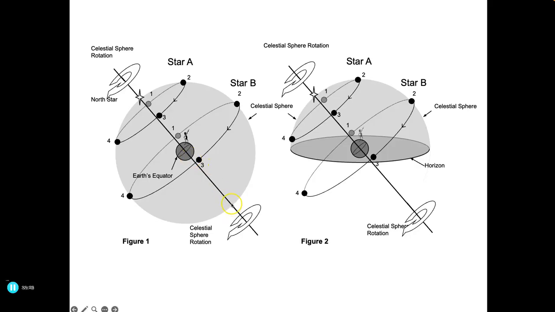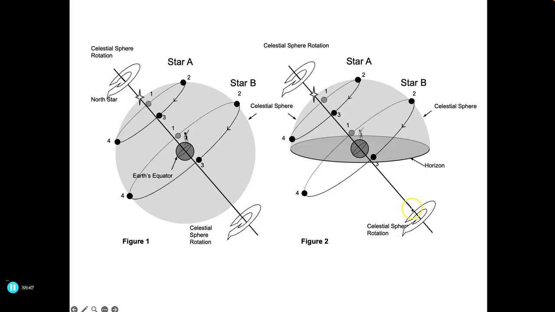There is no South Star. There's no bright star right next to the South Celestial Pole like there is a North Star. And so if you're living in the Northern Hemisphere like we are, you're always going to see the North Star. The North Star is always up in your sky above the horizon.